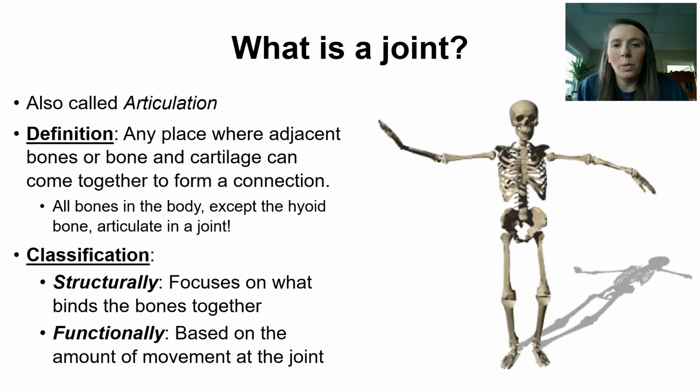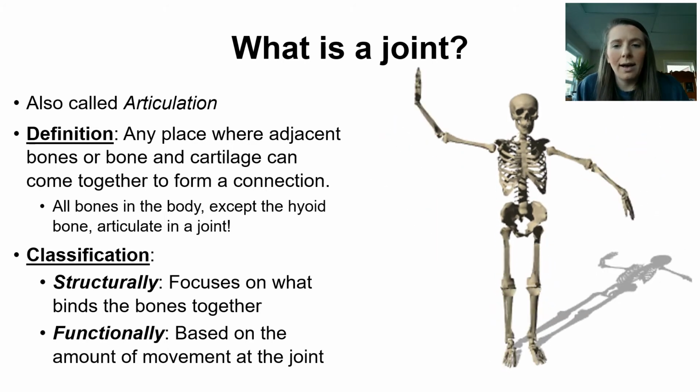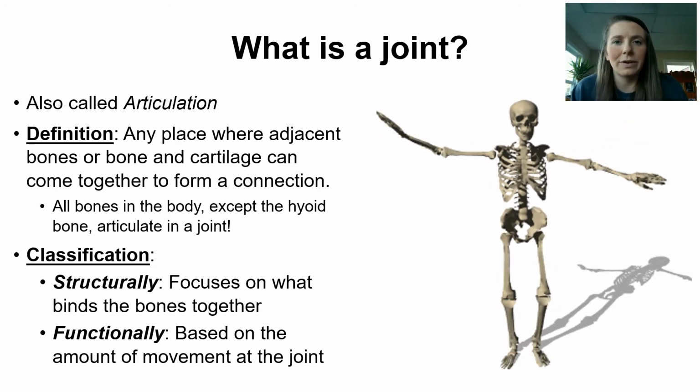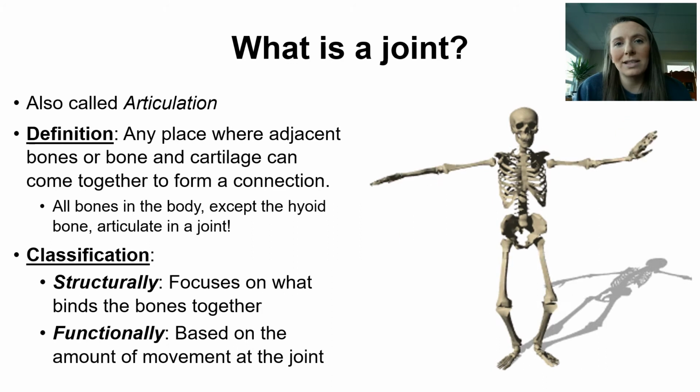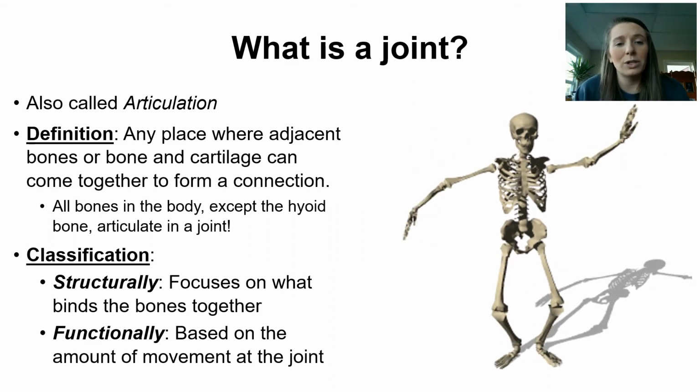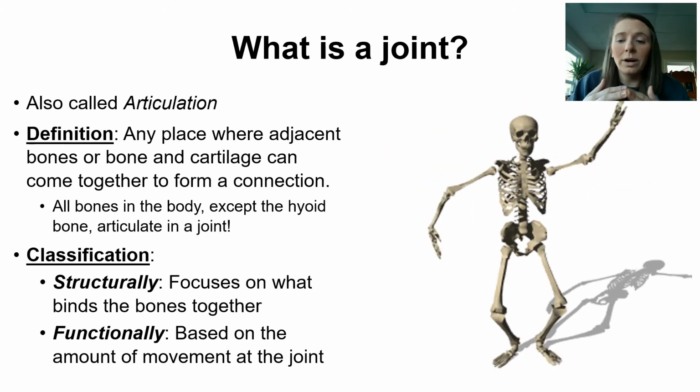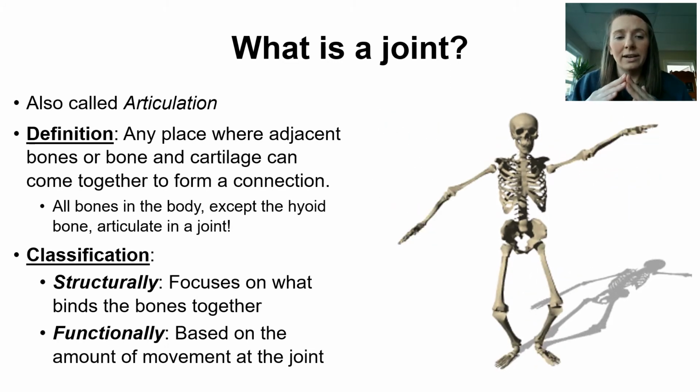Okay, so what is a joint? A joint is also called an articulation. As I mentioned to you guys before, I've asked you this working our way into the joint section in lab when I'm asking you, what does this marking articulate with? So a joint is also called an articulation. Basically, it's defined as any place where two bones that are sitting next to each other or a bone and a cartilage can come together and form this connection.